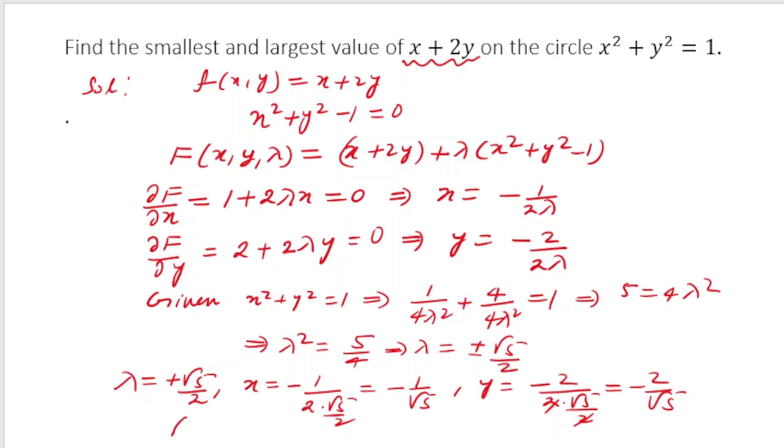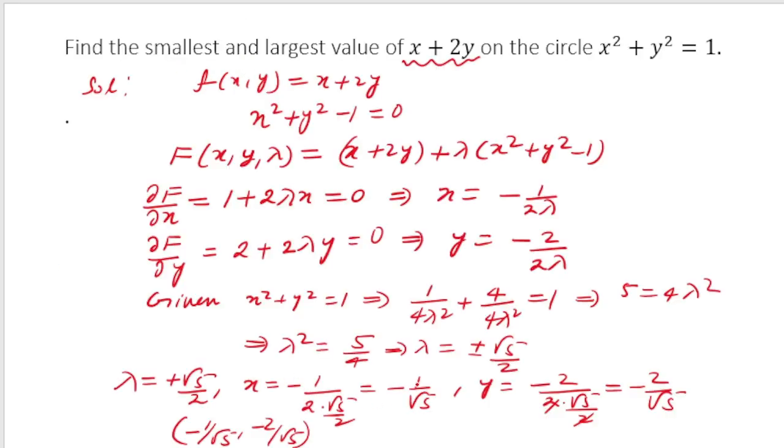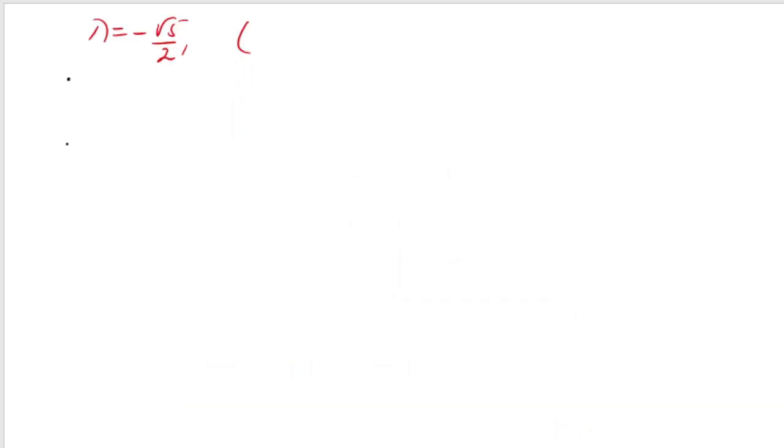So the first point that I have got is minus 1 by under root 5 and minus 2 by under root 5. Similarly, if I take lambda equal to minus under root 5 by 2, then I hope you can clearly see that if I change the sign it will become 1 by under root 5 and 2 by under root 5. So the point that I will get is 1 by under root 5 and 2 by under root 5.